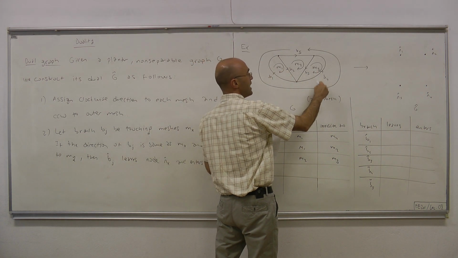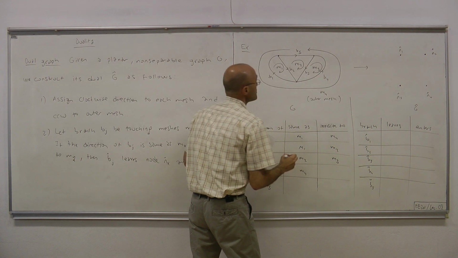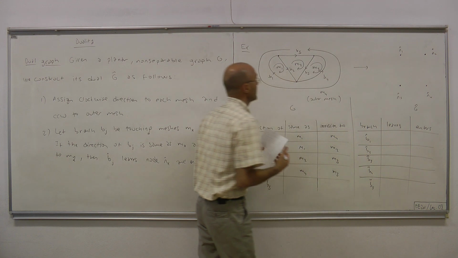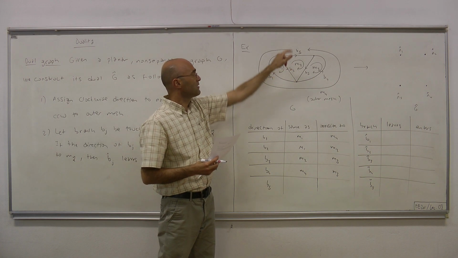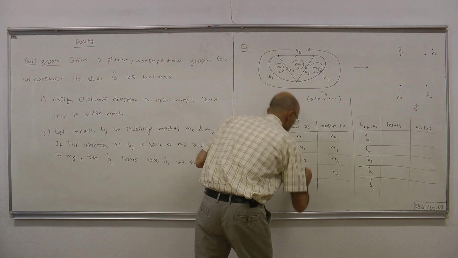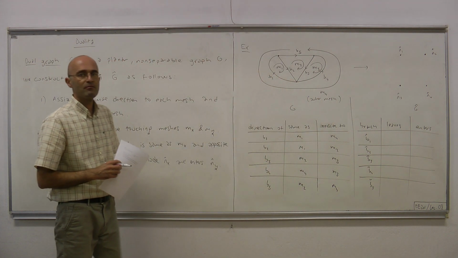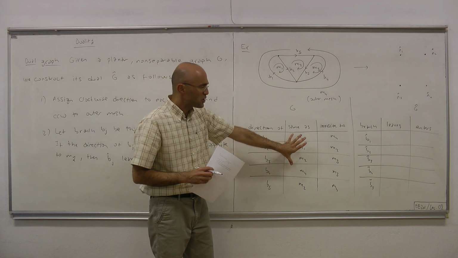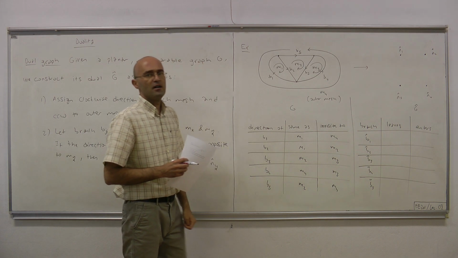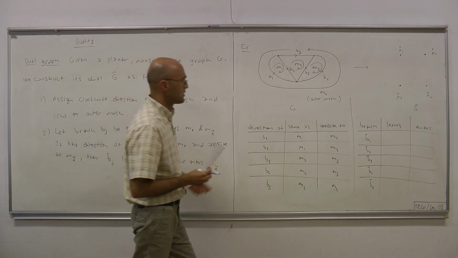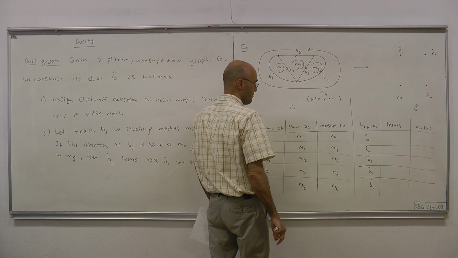B4 is between M3 and the outer mesh M4. It's same as M4, opposite to M3. And finally, the last branch, B5, is between M2 and the outer mesh M4. It's same as M2 and opposite to M4. Okay, and then these meshes translate into nodes in the dual graph G hat. So B1 is in the same direction with M1 and opposite M4.